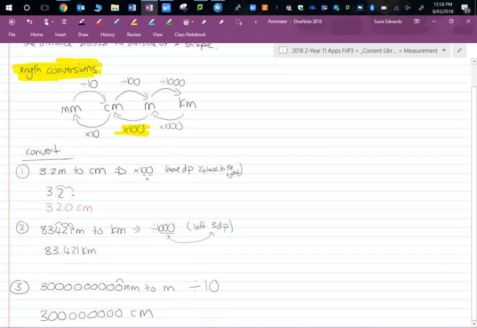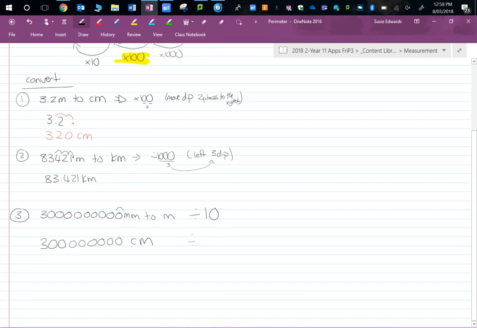Okay, so then after, so that's we divided by 10. Then we go to meters. How do we go from centimeters to meters? We divide by 100. So just by the way, we went 1 dp left. How many movements are we going to go for divide by 100? 2. So we're going to go 2 dp's to the left. So we're going 1, 2.